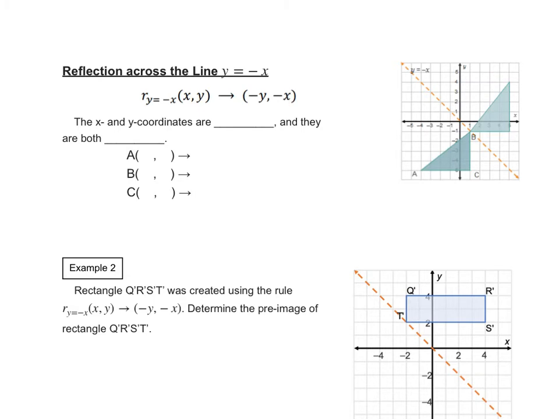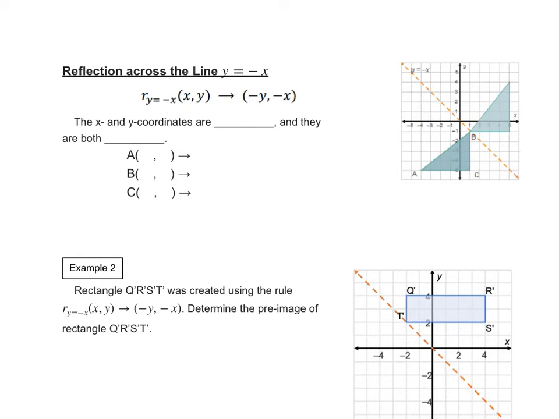So looking at this, it's saying that my new x value, because x goes right here, is going to be my old y value with the opposite sign. And this value is going to be my x value with a negative, opposite sign. We're going to look at it here to do a little bit of practice.